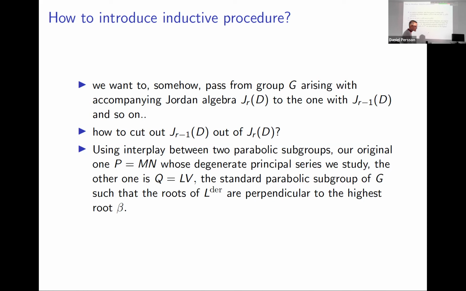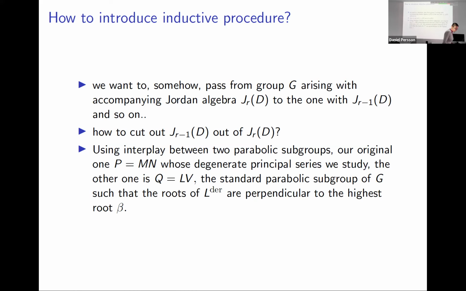And now you somehow cut from the Levi here, you intersect with M here, and you will get smaller and smaller similar situations.